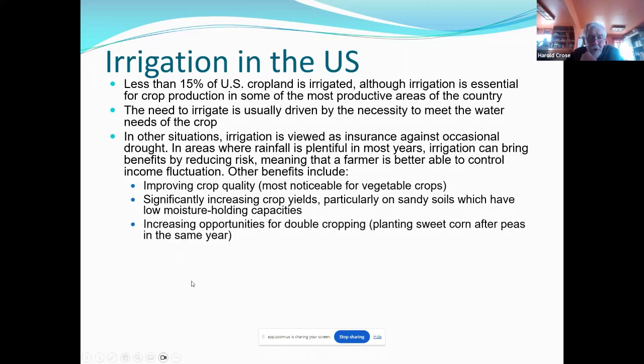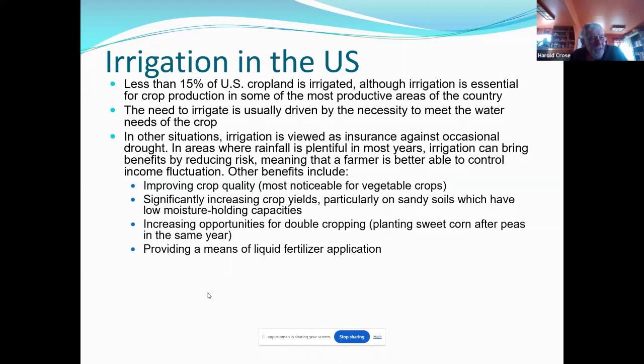Increasing opportunities for double cropping, planting sweet corn after peas in the same year, is something we use quite a bit in the basin. Having that irrigation water late in the season, you can produce 2 crops, and in some parts of the country, even 3 crops. Texas is a good example of that. They irrigate year round. Irrigation also provides a means of liquid fertilizer application.